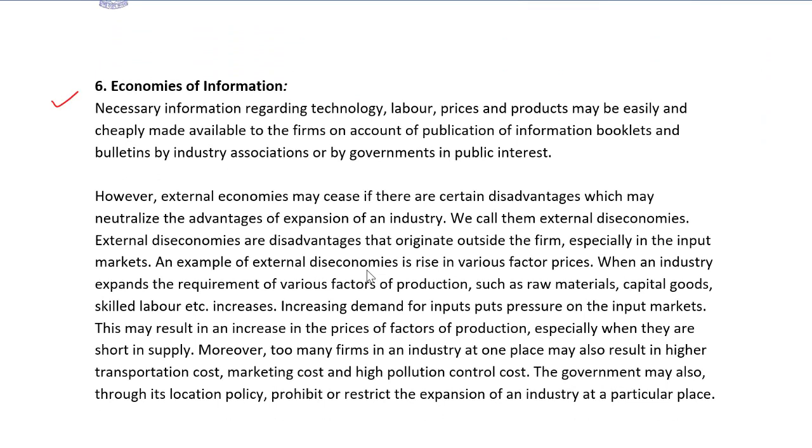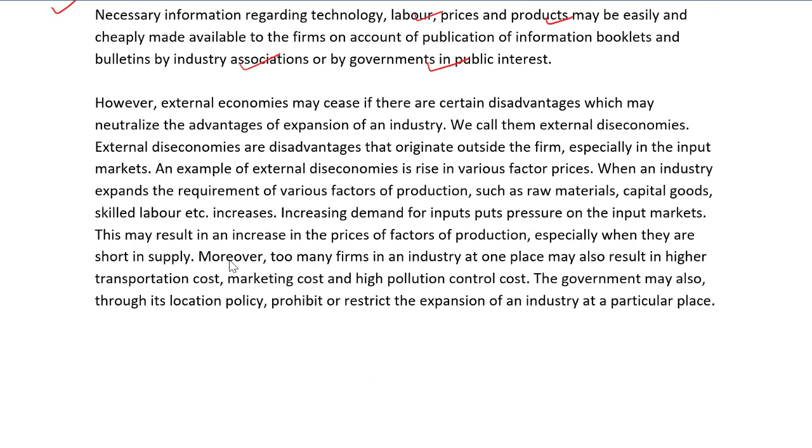So, necessary information regarding technology, labor, products may be easily and cheaply made available to the firms on account of publication of information booklets, journals, bulletins by industry association and government in public interest. However, external economies may cease if there are certain disadvantages which may neutralize the advantages of expansion of an industry.